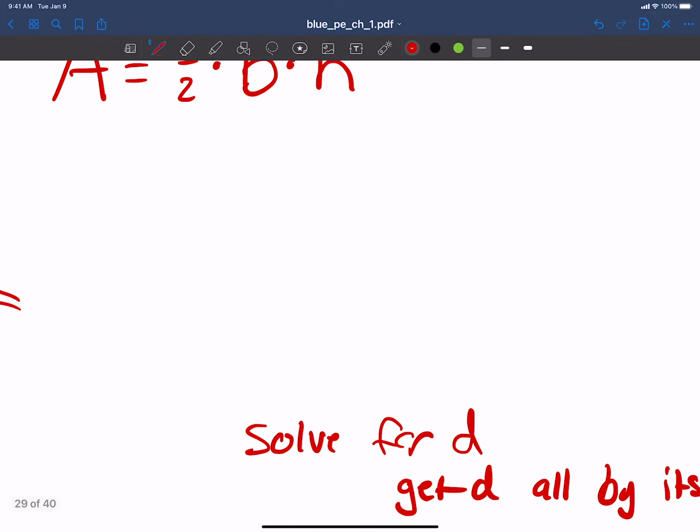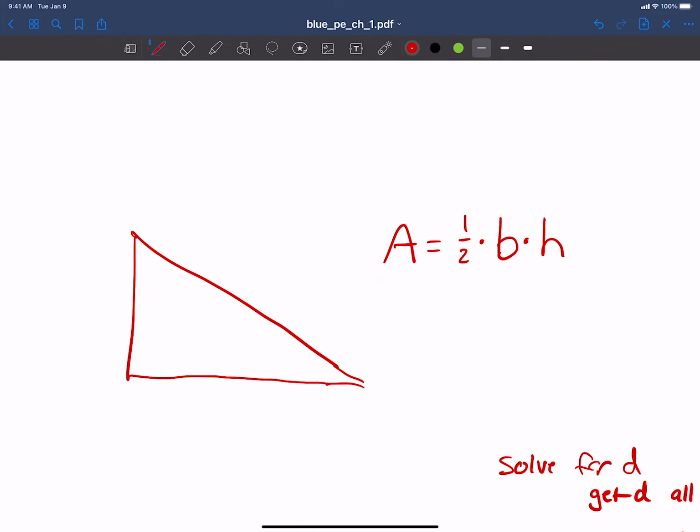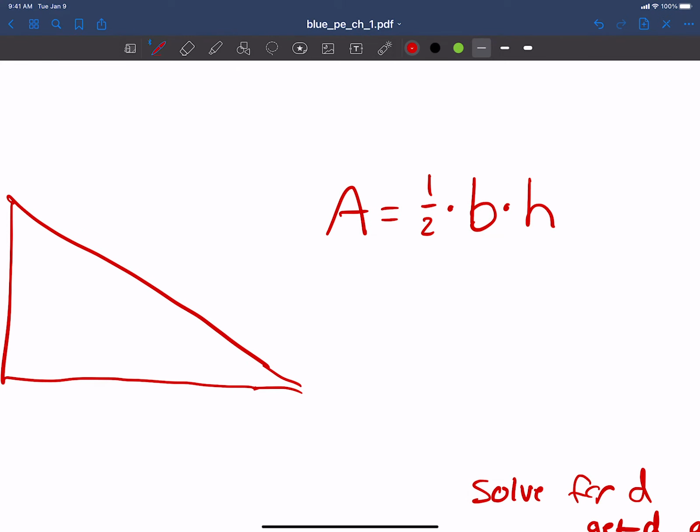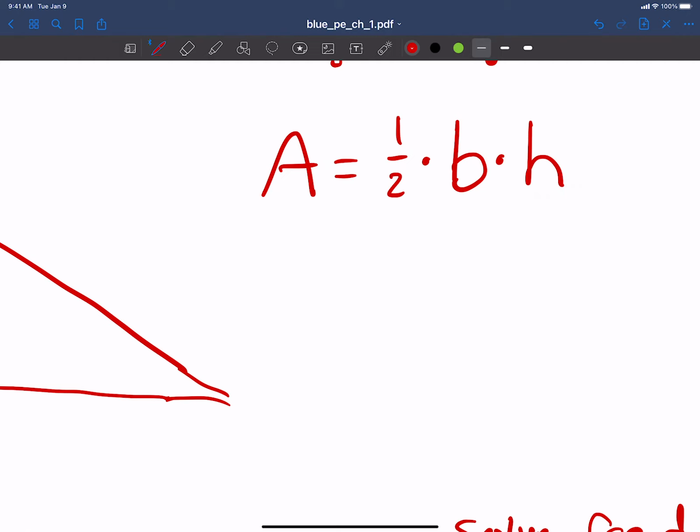Let's go back to the example I was trying to do up here with the triangle. If I said solve for B, that means get B all by itself, okay? What's happening to B? B is being multiplied by 1/2 and by h. So I can get rid of 1/2 and h at the exact same time.